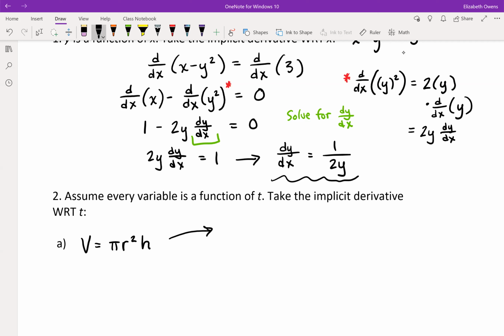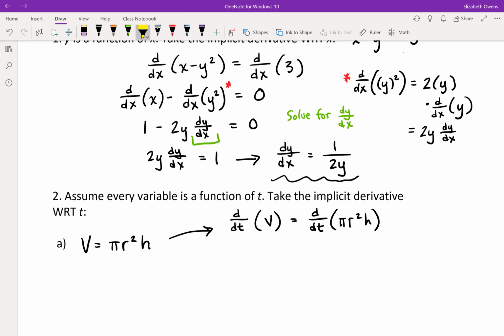Going to take the derivative of everything on both sides of the equation. Now we're doing it with respect to t. So I need to make sure to keep my variables straight here. Derivative with respect to t of v equals derivative with respect to t of pi r squared h.